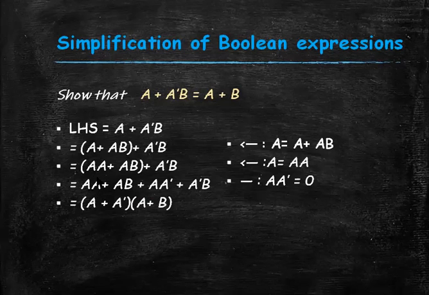Taking a as common from these two terms, we can write it as a and A or B, and here also we take A bar outside, then A bar and A or B. Then we take A or B common from those terms, then we get A or A bar and A or B. We know that A or A bar is equal to 1, then it is equal to 1 into A or B, and that is equal to A or B.